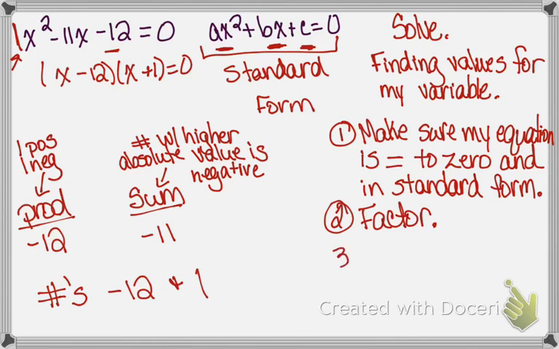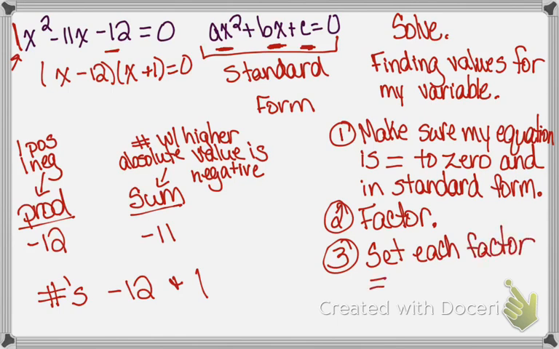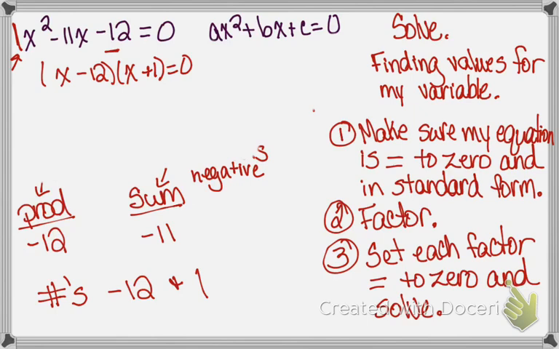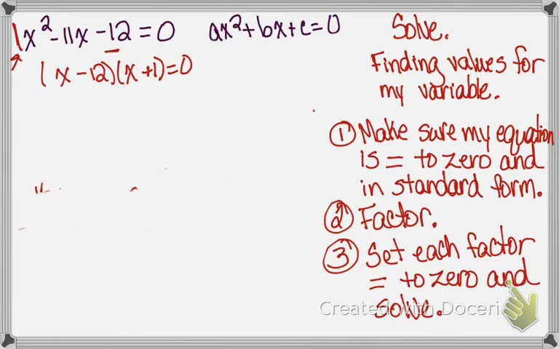So now my next step is to set each factor equal to 0 and solve. Okay, so I'm going to erase this, and I'm going to erase this so we can look in on what we're doing.